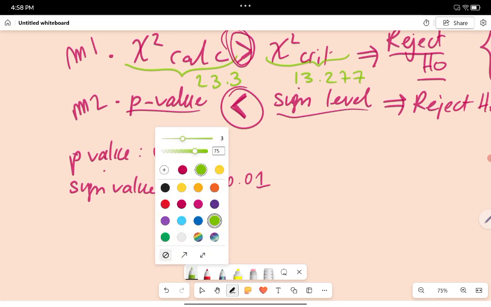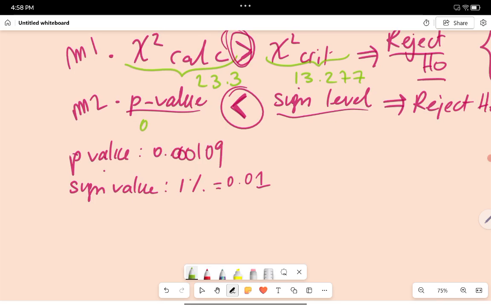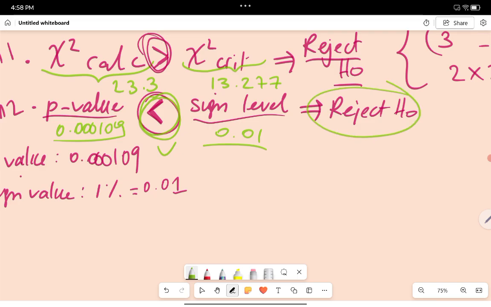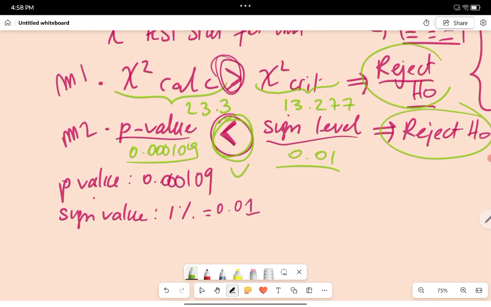The p-value is this, 0.000109. The significance level is 0.01. Is this one smaller than this one? Yes. So we are going to reject. And indeed, the conclusion should be the same both ways. So here we reject H0 and here we also reject H0.